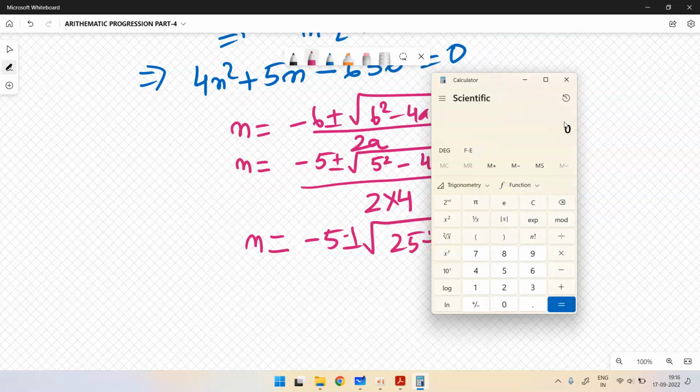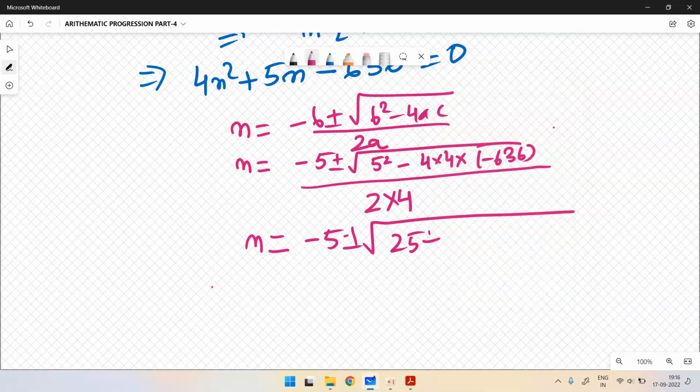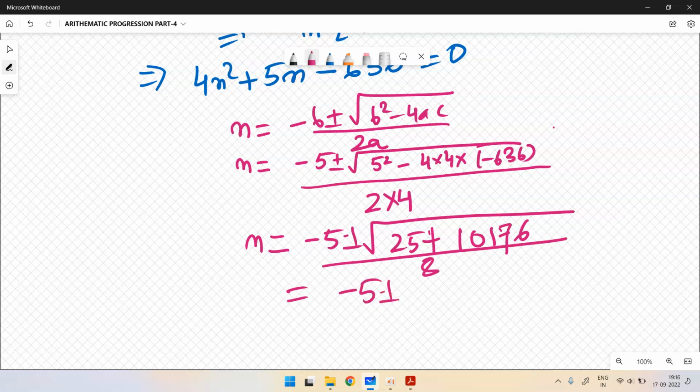So if you see, 636 into 16 is 10176, by 8. So this is minus 5 plus minus under root.